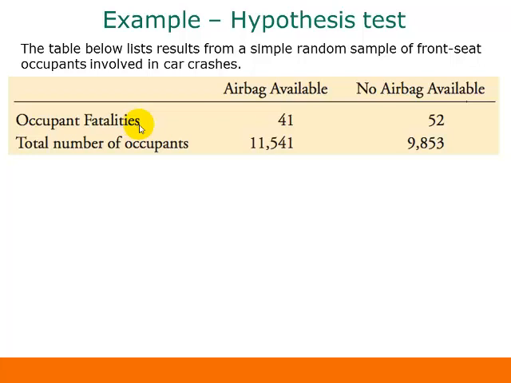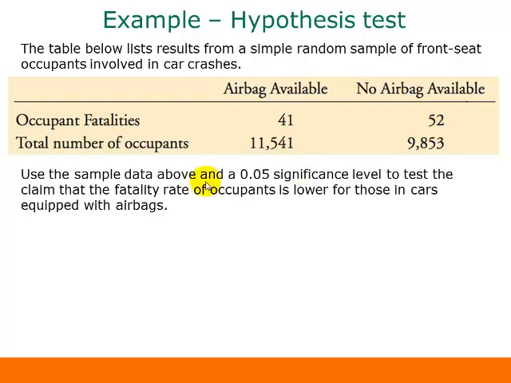And in the table, we have the number of occupant fatalities out of the total number of occupants. So out of the 11,541 crashes where an airbag was available, there were 41 fatalities, and out of the 9,853 where no airbag was available, there were 52 occupant fatalities.